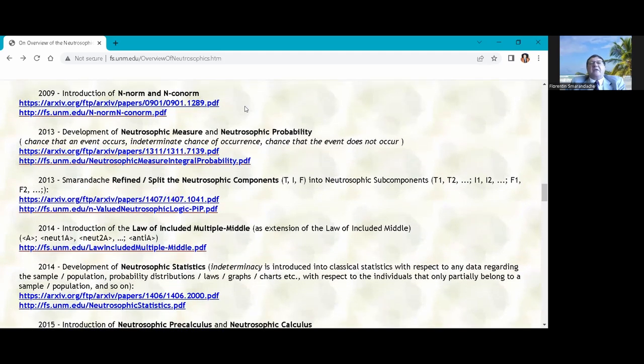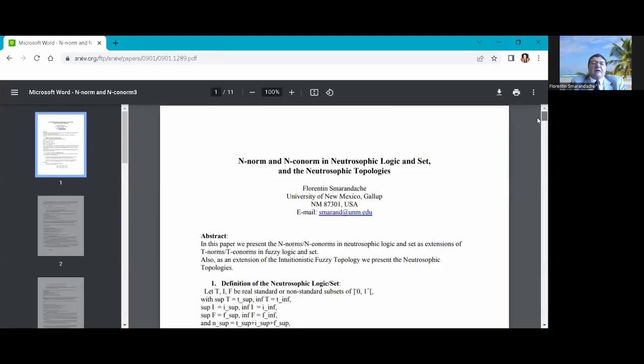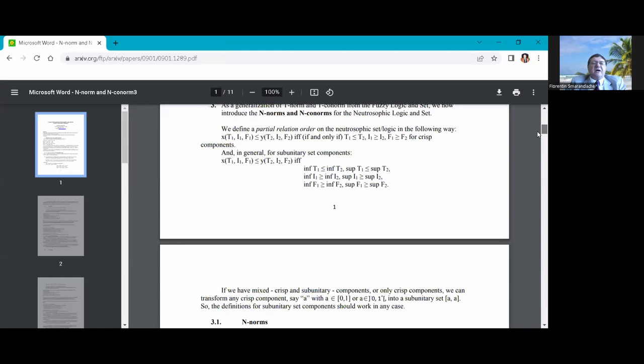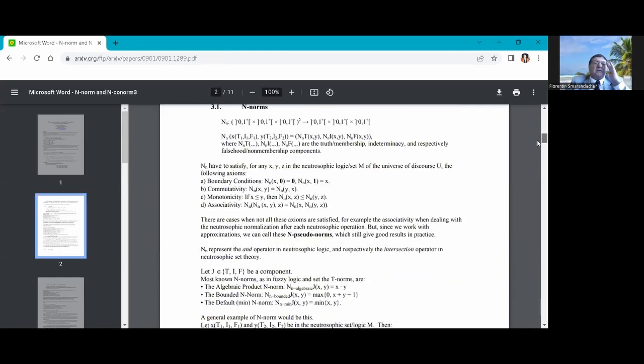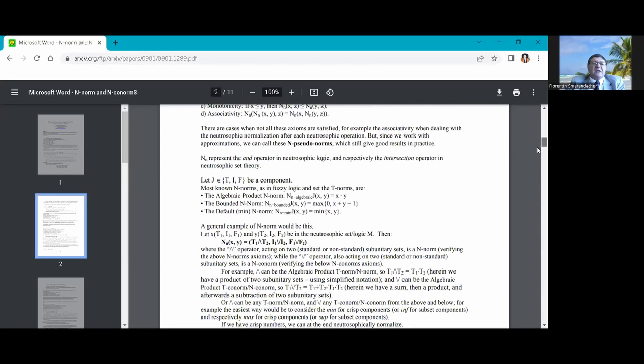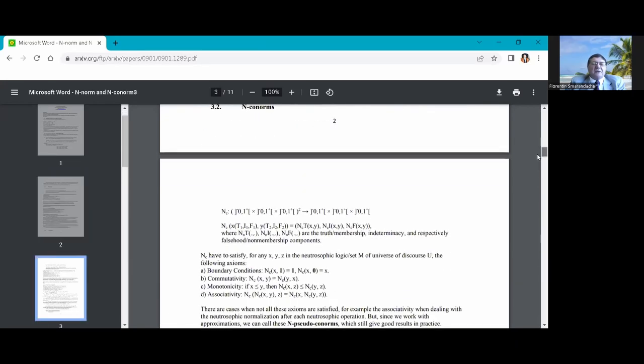Out of the necessity to do a combination of Neutrosophic components, I have developed the N-norm and N-conorm, which were a little different from what was done in fuzzy set and fuzzy logic, and intuitionistic fuzzy set and intuitionistic fuzzy logic.